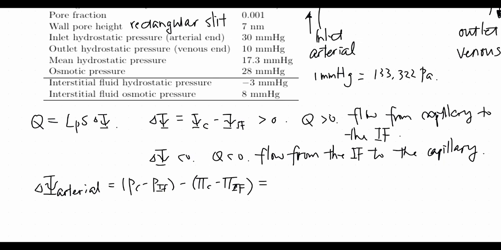Basically, we need to use the numbers in this table to work on problems. So it's good to just keep this table. So let's see, PC at the inlet is 30 millimeter mercury. And then PIF is minus 3 millimeter mercury. You minus pi C, which is 28 millimeter mercury, subtracted by pi IF, which is 8 millimeter mercury.